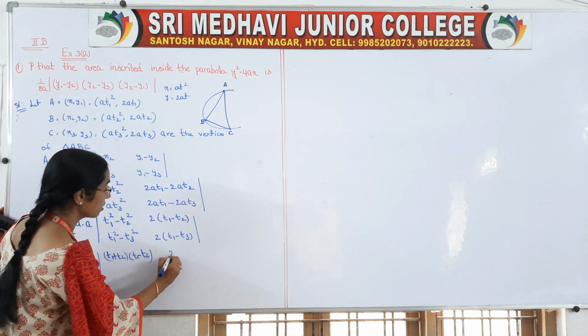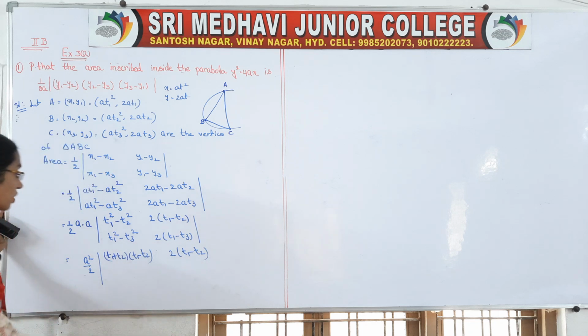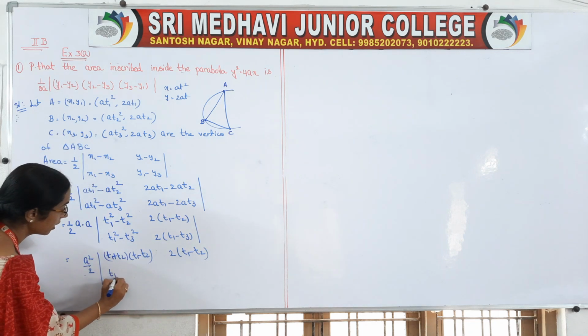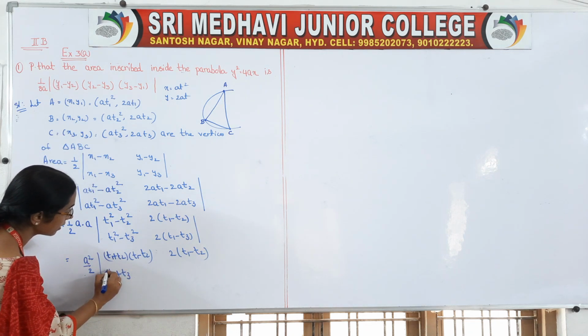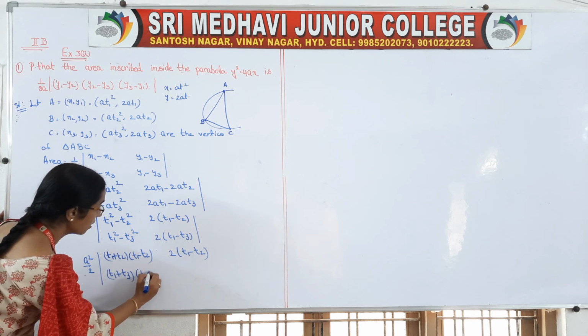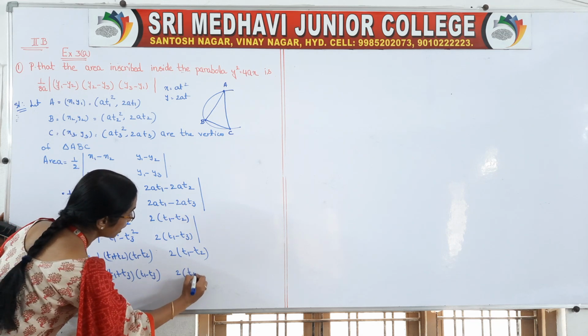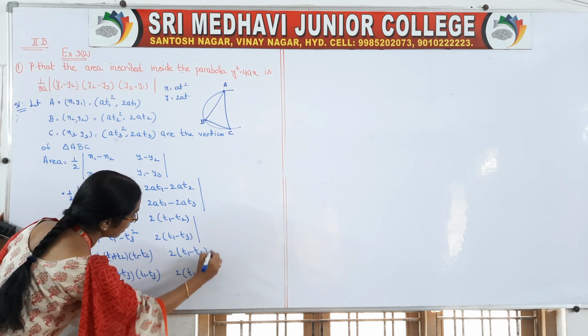Okay, so this is 2 into t1 minus t2. So here also this is t1 plus t3, a plus b into a minus b form, so t1 minus t3. Here 2 into t1 minus t3.